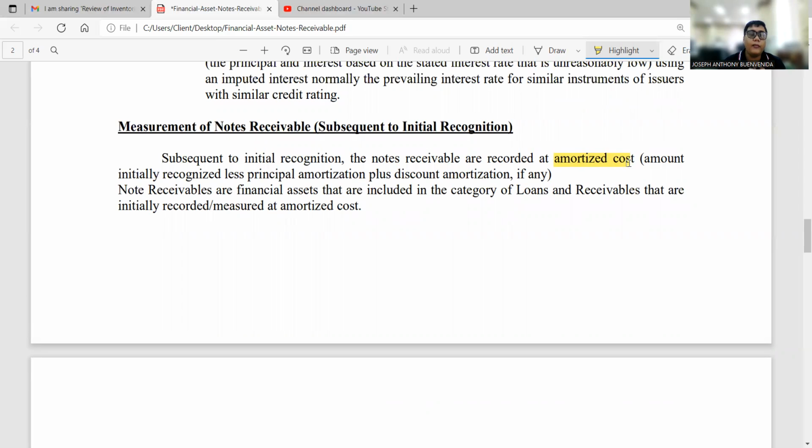The amount initially recognized less the principal amortization, plus or minus the amortization of the discount or premium. Notes receivable are financial assets included in the category of loans and receivables, initially recorded and measured at amortized cost.